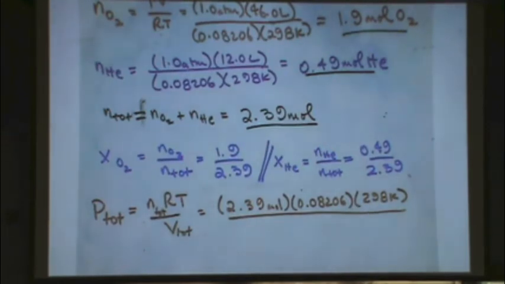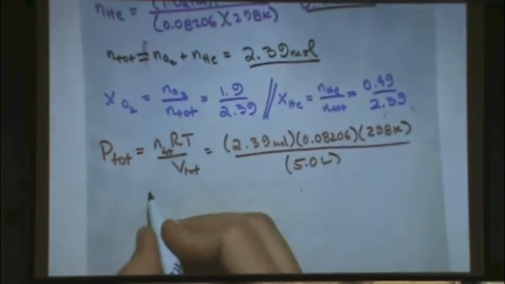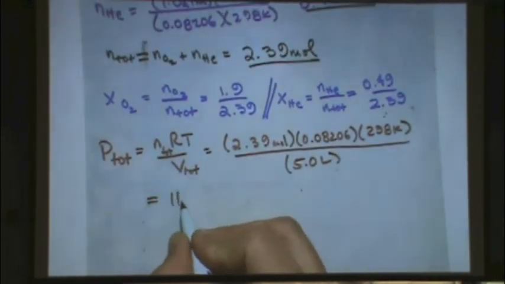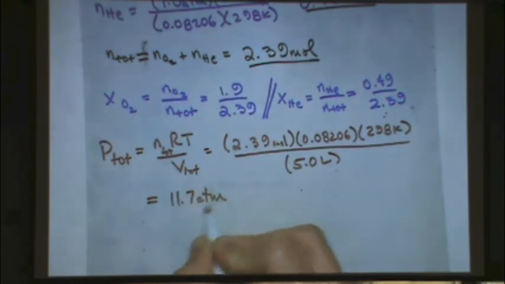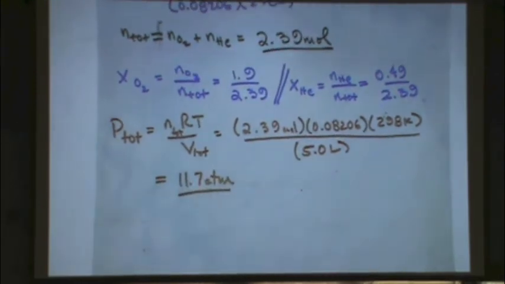And if you look at the question, it says that the final tank volume is 5 liters. So we're putting two things together into a 5-liter tank. This turns out to be 11.7 atmospheres. So that's one of the things we want to find, the total pressure.